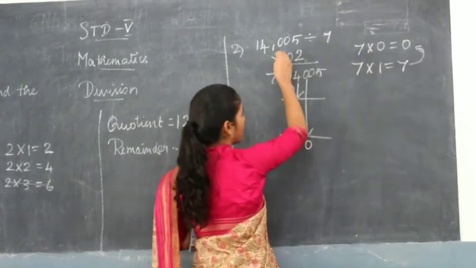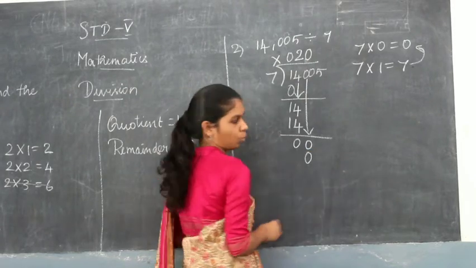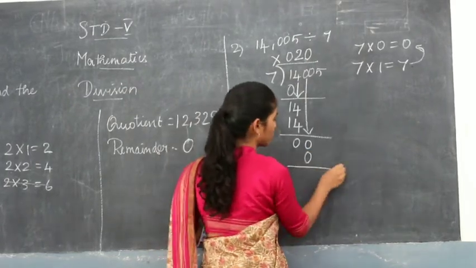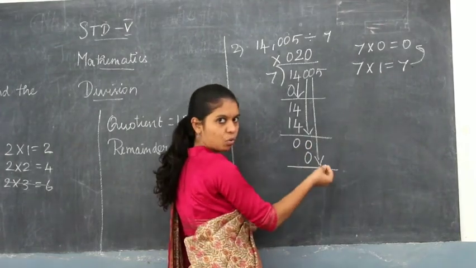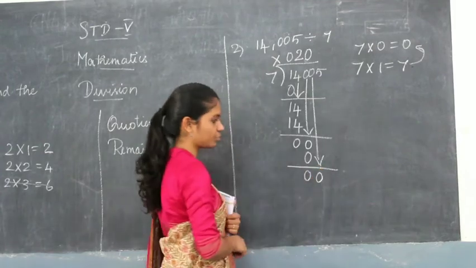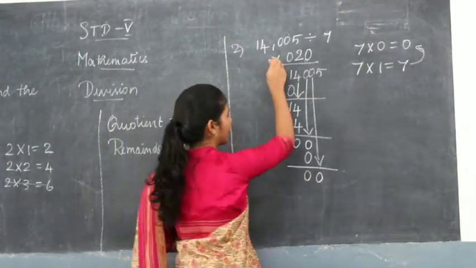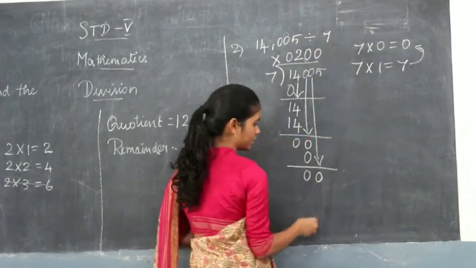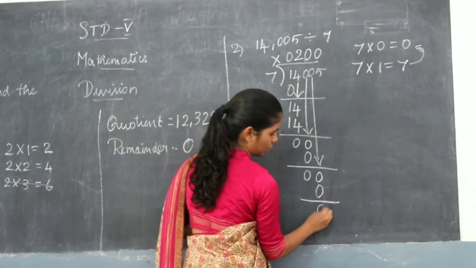So 7 multiplied with 0 gives you 0. Next you should bring the next number down. 0 minus 0, you know, is 0, right? And again you got 0. 7 multiplied with 0 gives you 0, and 0 minus 0 is 0.